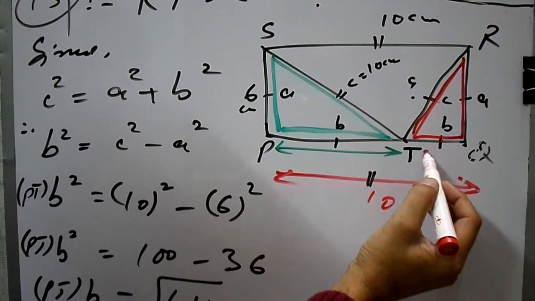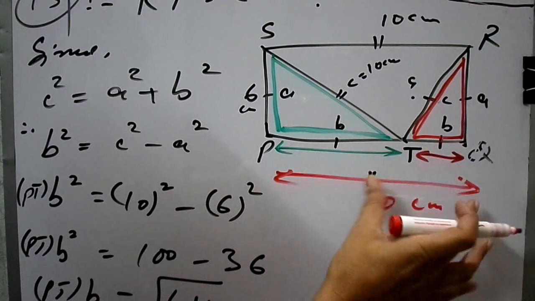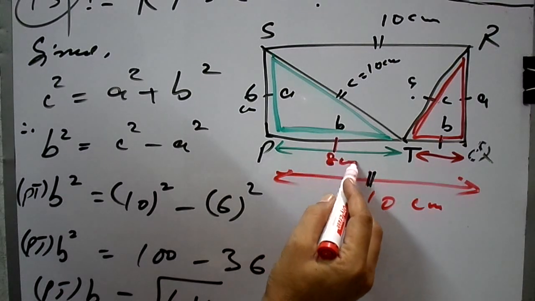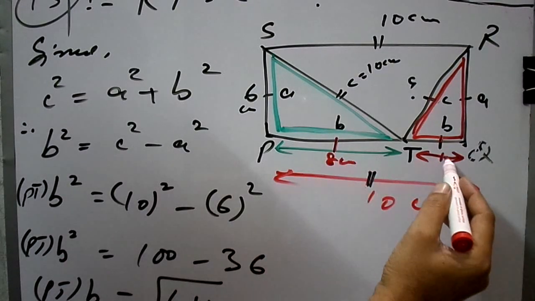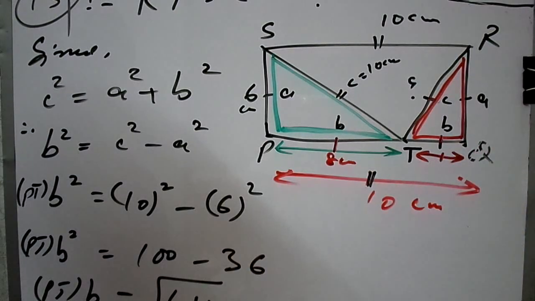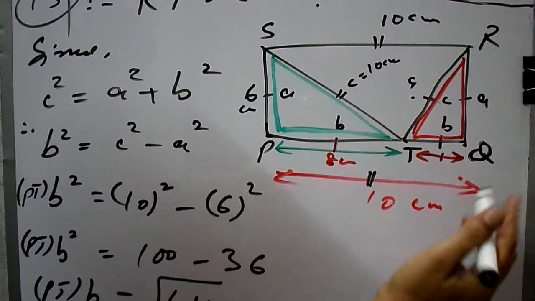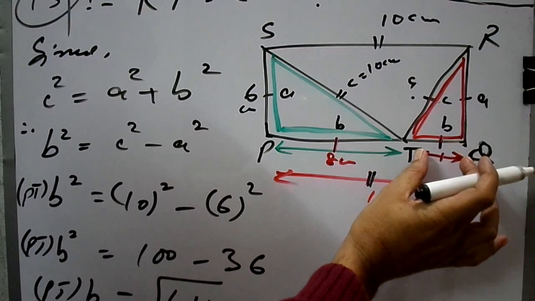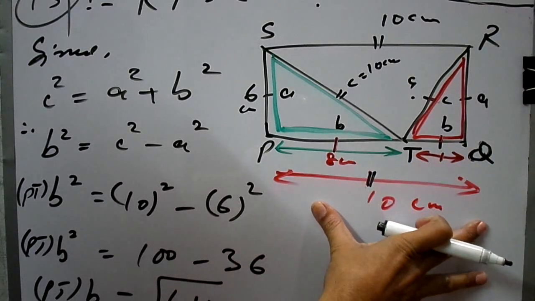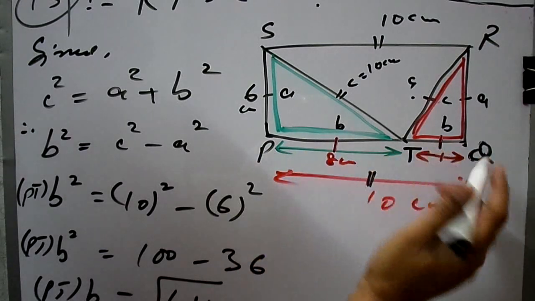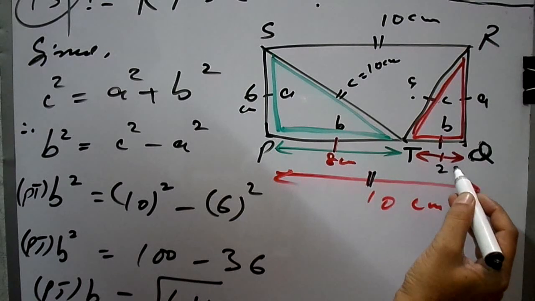It should be very much clear. If I have the value of this side, the whole side is 10, and this side just now you have calculated, that is 8 centimeters. So this side QT is equal to 10 minus 8. The whole length is 10, this value just now you have calculated, 8 centimeters, so 10 minus 8, you will get 2 centimeters.